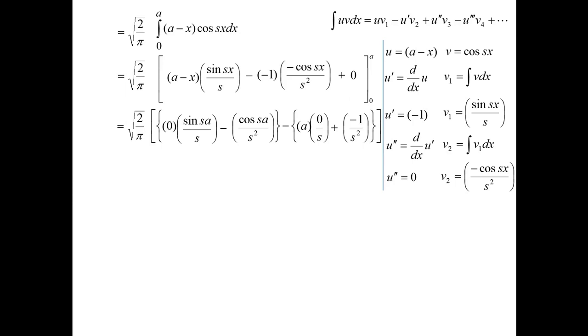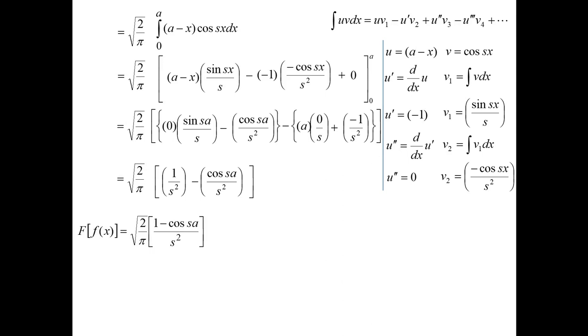So from this, the first term is 0 in the first bracket, and in the second bracket also the first term is 0. So we leave the first term in both brackets. So we write the second term, 1 by s square in the first part, then minus cos sa by s square. Since the denominator is same, you can add the numerator directly.